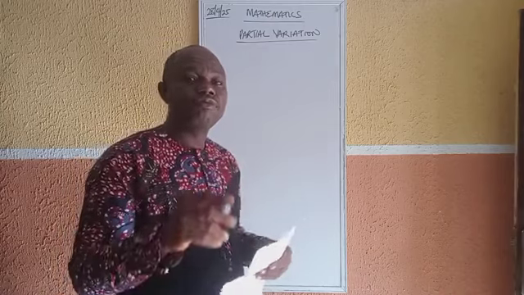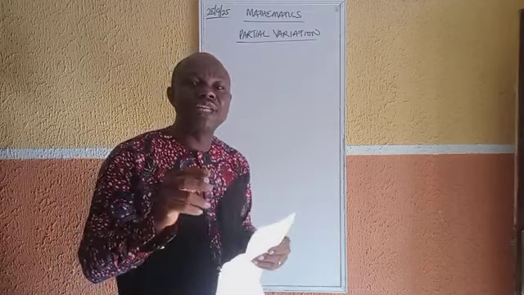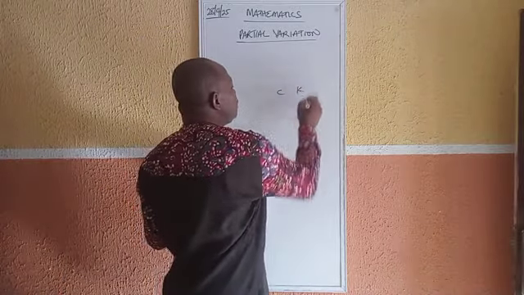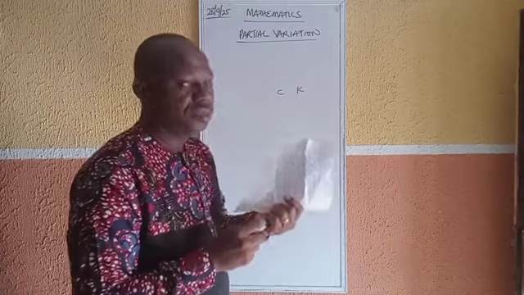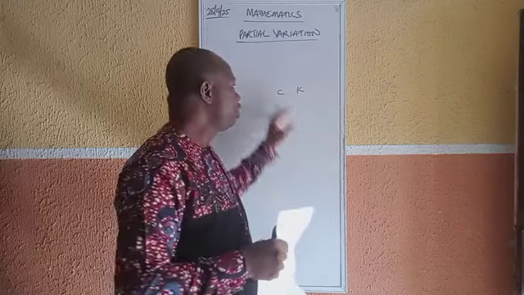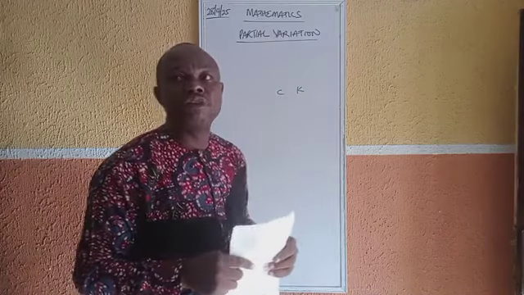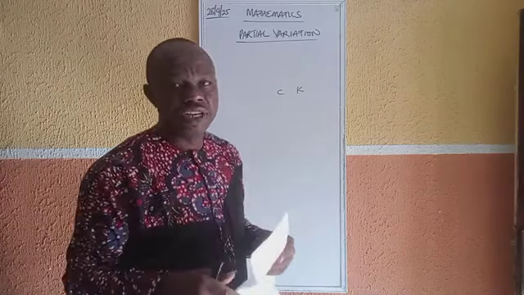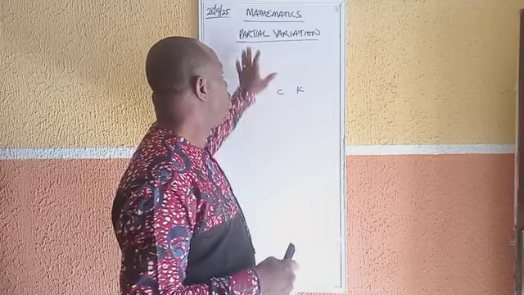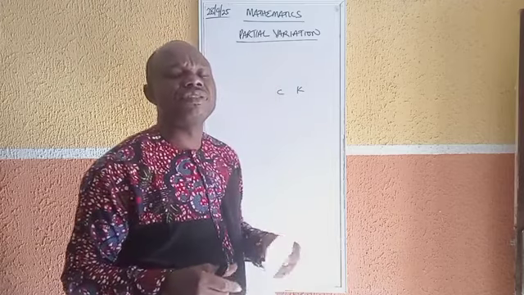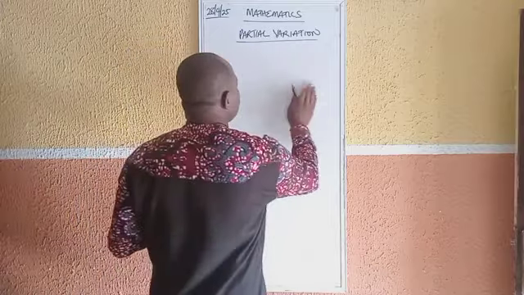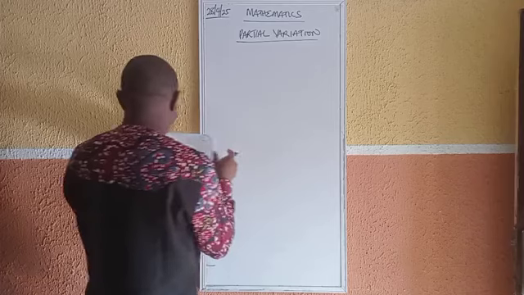In terms of one, there are two constants instead of one, C and K. Then two, these constants are solved simultaneously. So we use simultaneous equations on this method, partial variation. Now let's look at some examples.